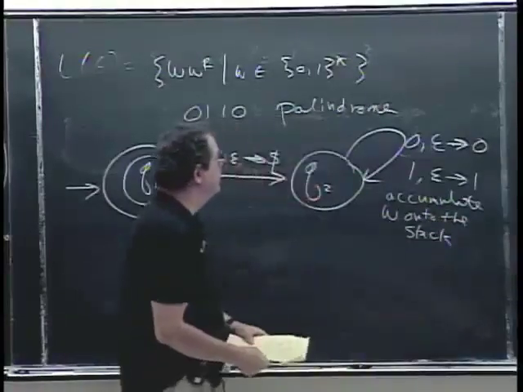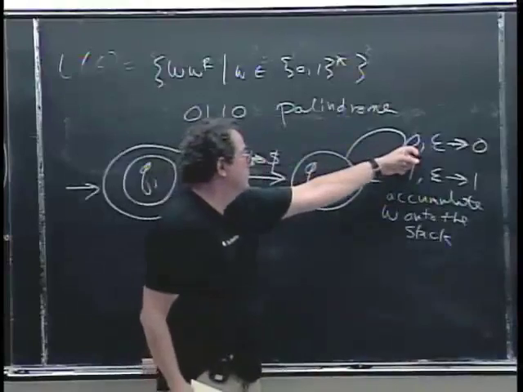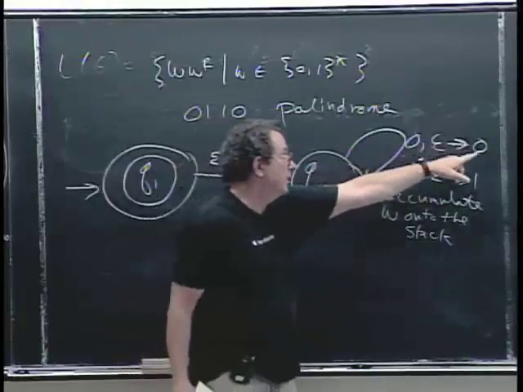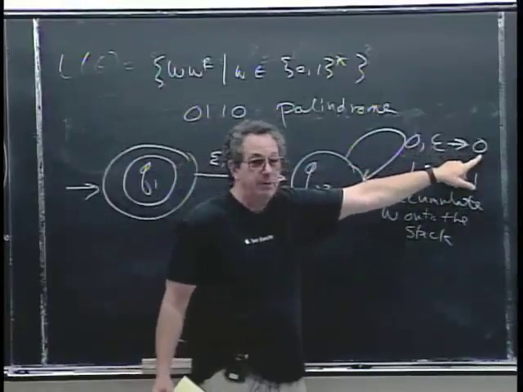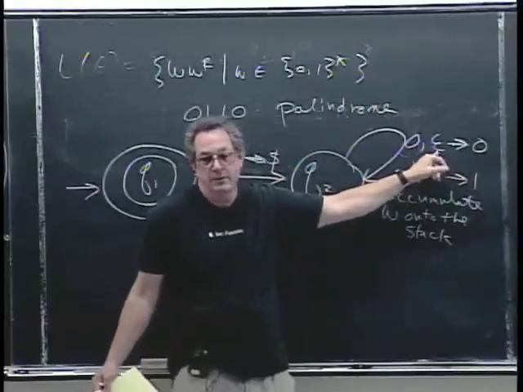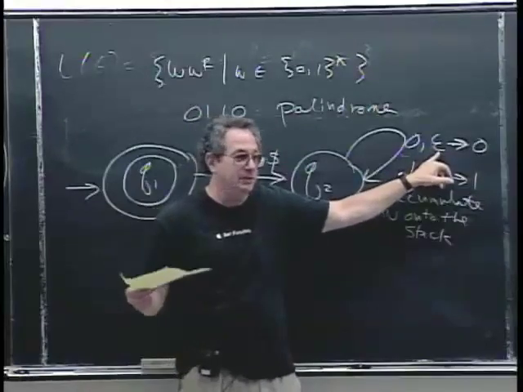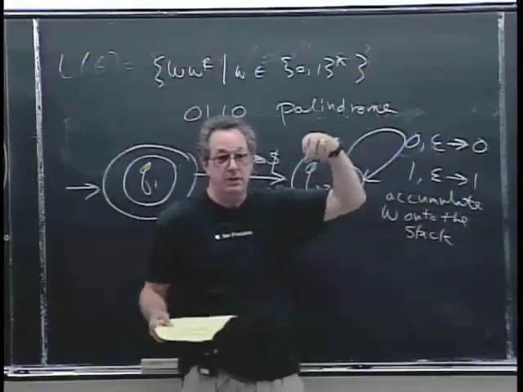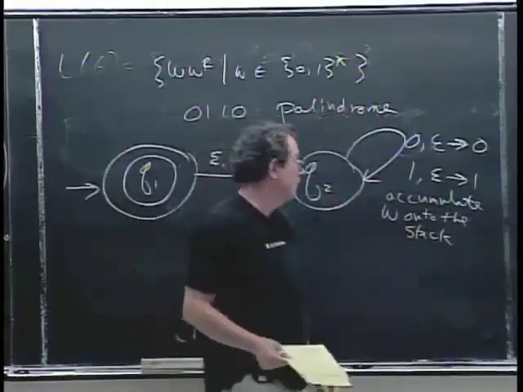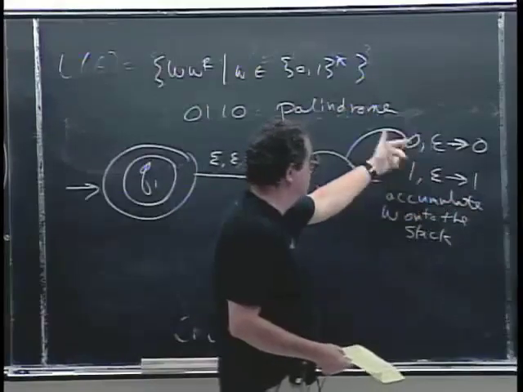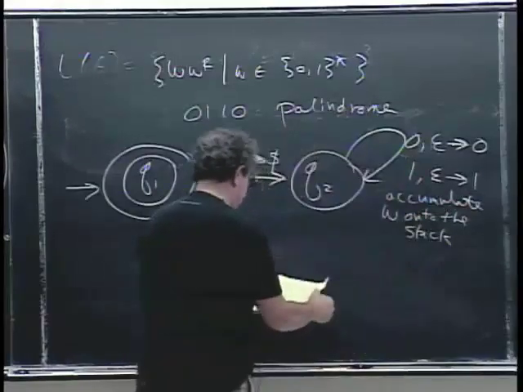So all it's really doing is taking whatever it reads on the input and making a copy, pushing that onto the stack. It's not popping anything because it's reading epsilon. You can think of it as popping epsilon, okay? So now the stack is growing in size, and here it's growing in size also, but by a 1 if that's what is being read in the input.